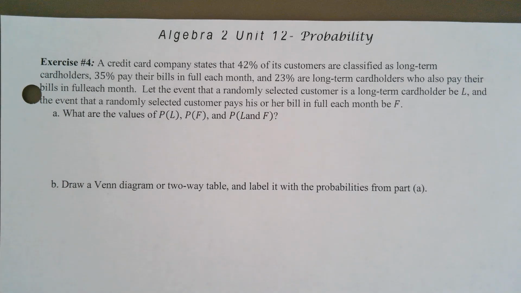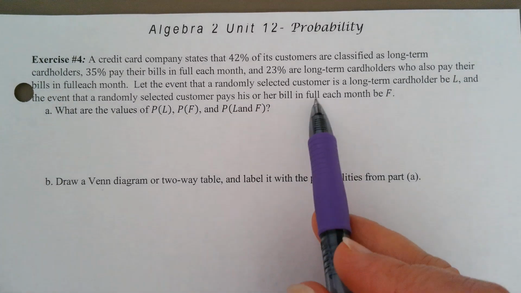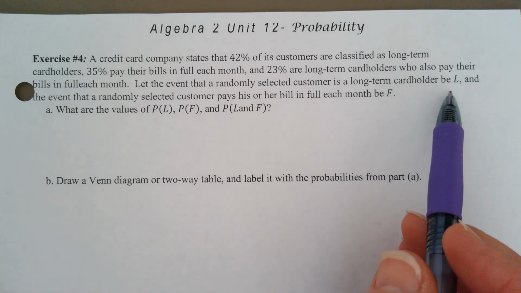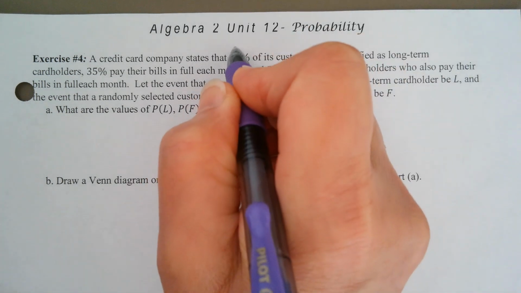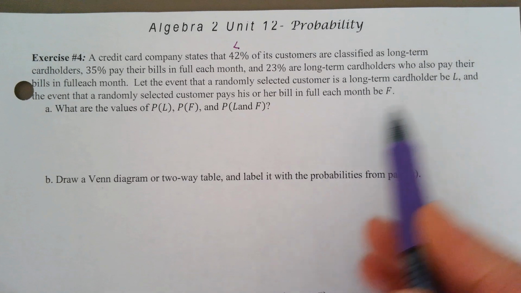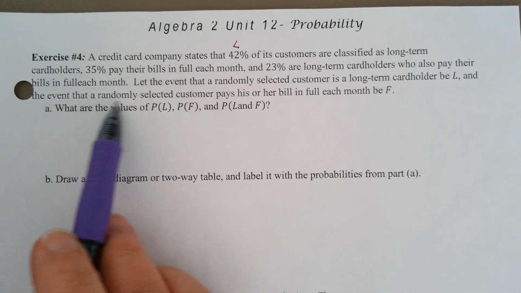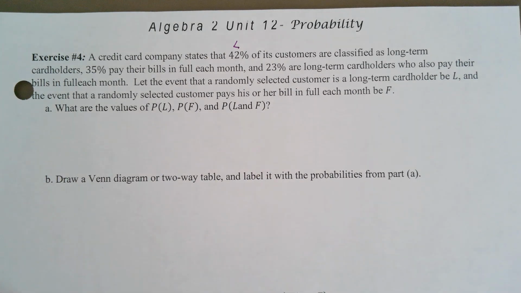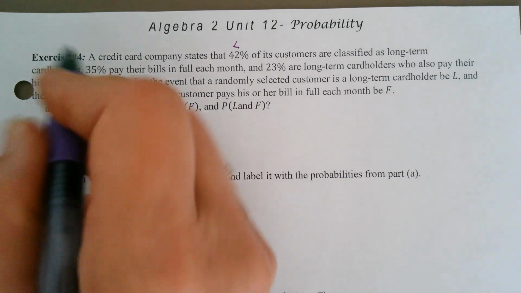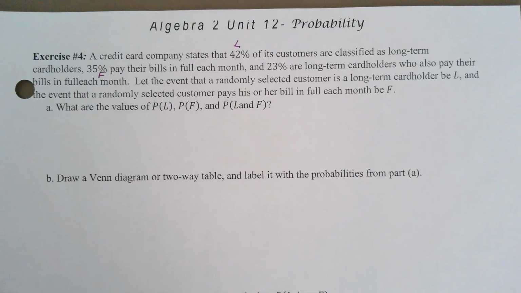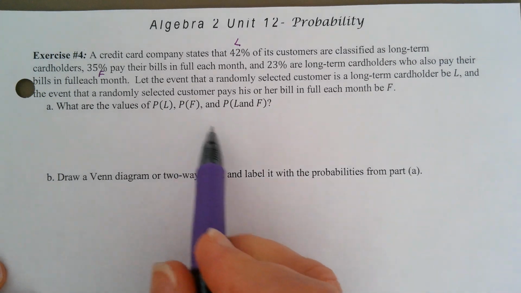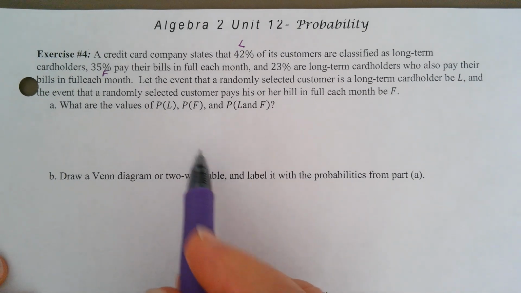Let the event that a randomly selected customer is a long-term cardholder be L, and that's its probability, and the event that a randomly selected customer pays his or her bill in full each month be F. What are the values of the probability of L, the probability of F, and the probability of L and F?